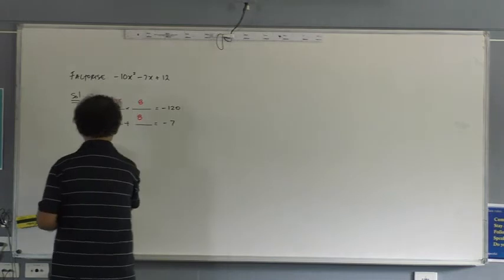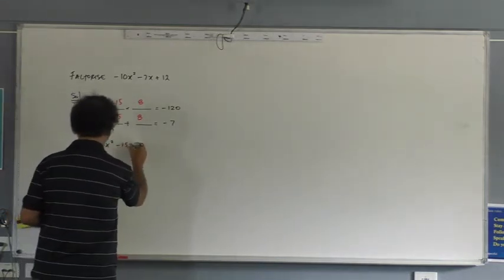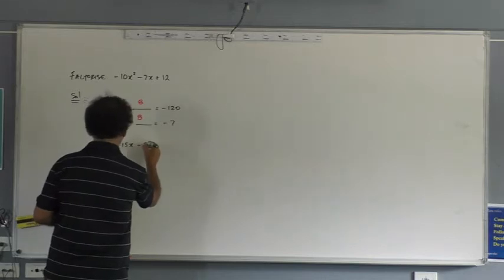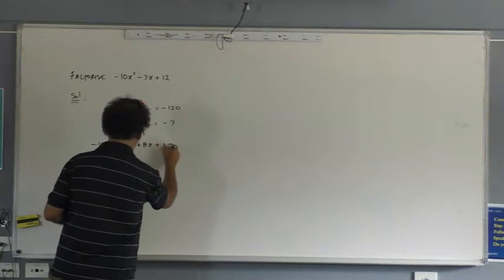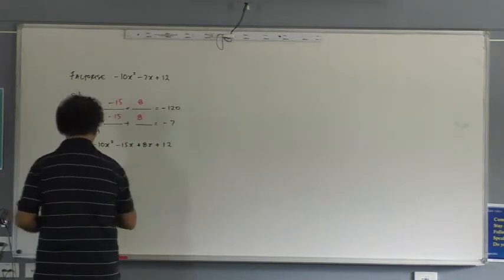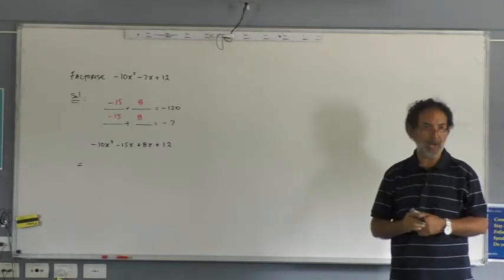So we're going to write this as negative 10x squared minus 15x plus 8x. Okay. What do we do now?